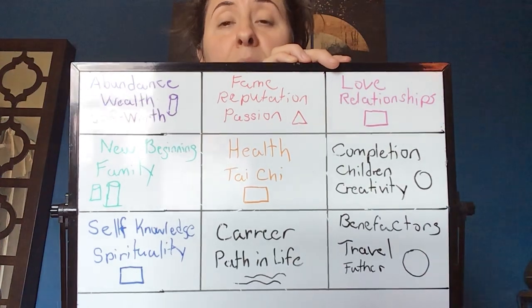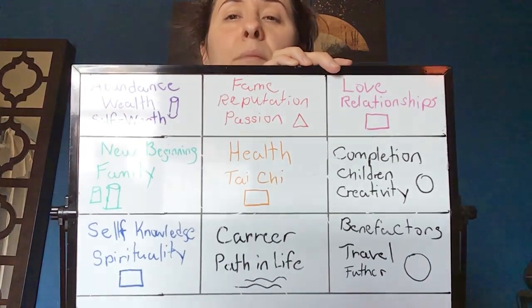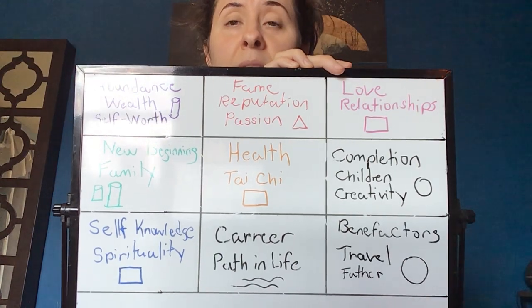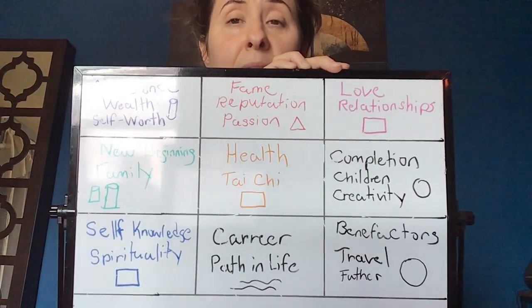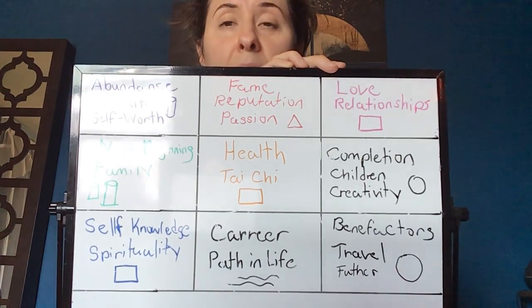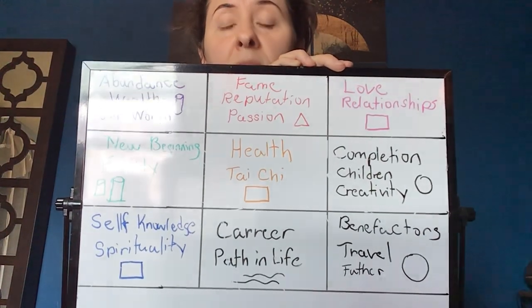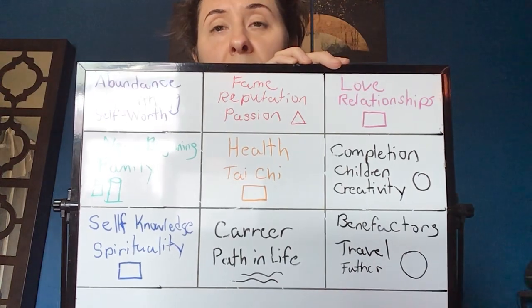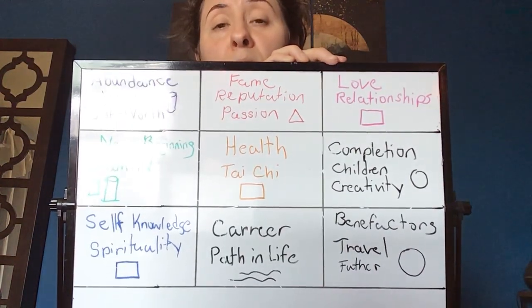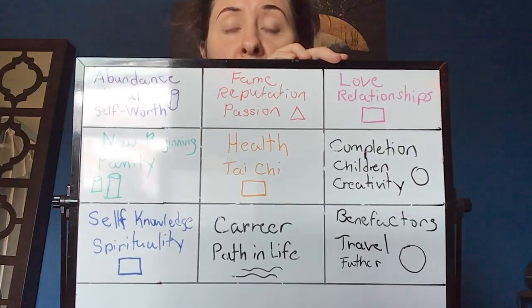It's connected with the mother. And so the shape is square, just like the earth element, connected with the color pink, as well as all the earthy yellows and browns and beiges. You can bring those colors in, and this is a great area to work with if you're wanting to strengthen your relationship.